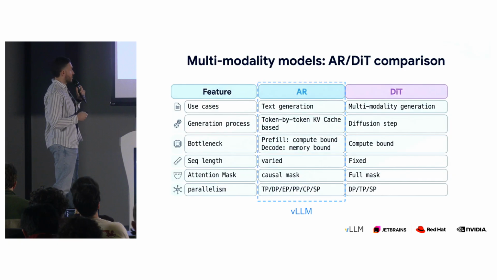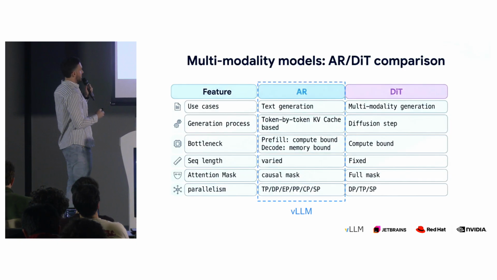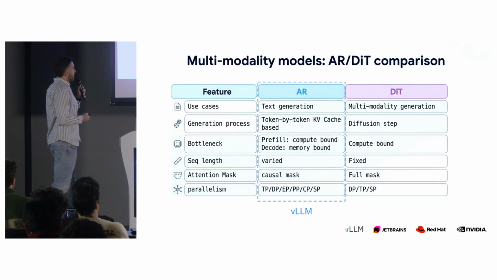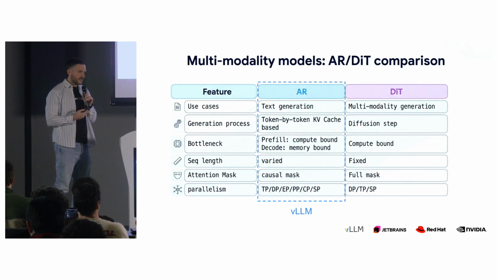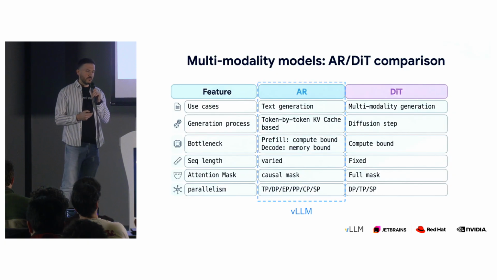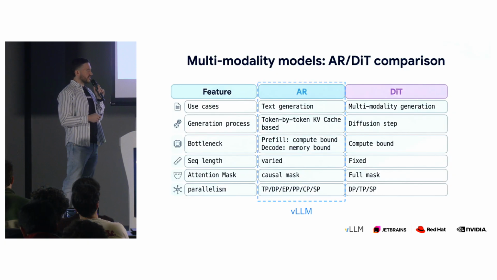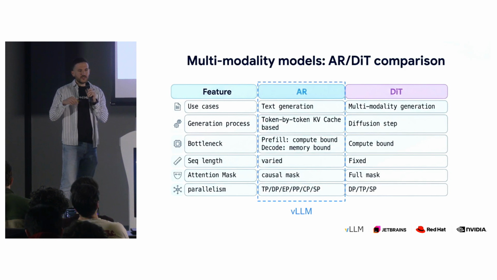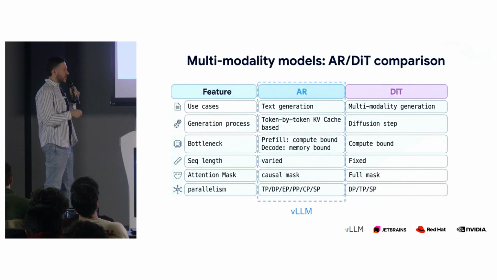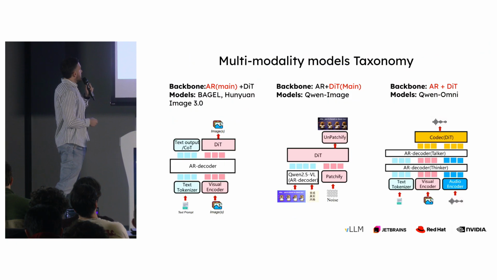So it's a lot simpler to serve in that regard. And there's also no KV cache. There are kinds of caches that we might touch upon later, but they're not perfect caching. It's more like caching different steps of the diffusion process by similarity.